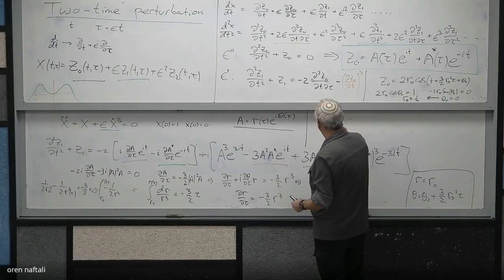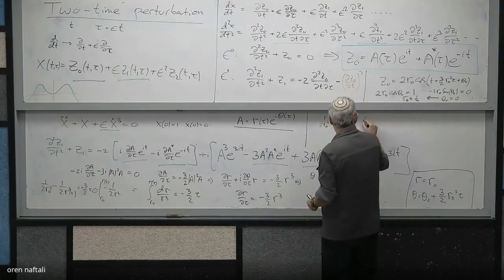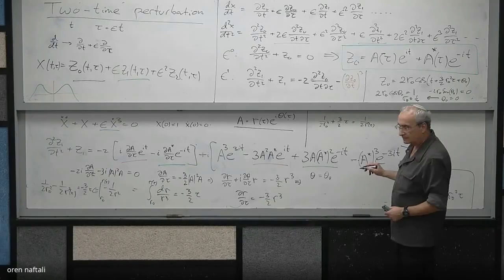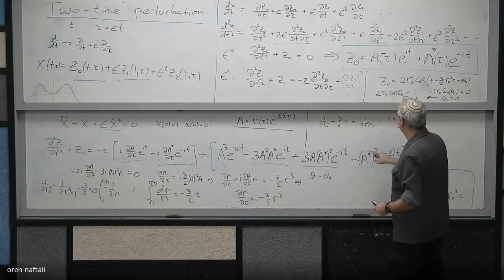So plus minus, 1 over 2r naught squared plus 3/2 tau is equal to 1 over 2r of tau squared. Well. Now, I have 2r naught squared here, and I have 1 plus 3r naught squared tau.